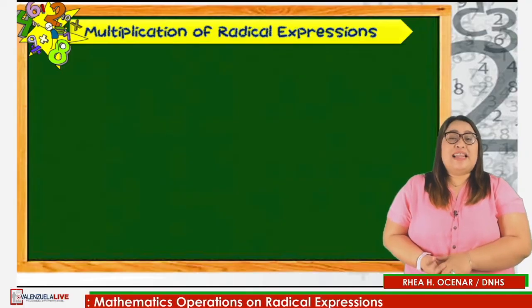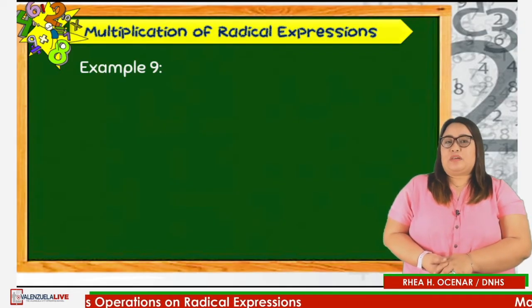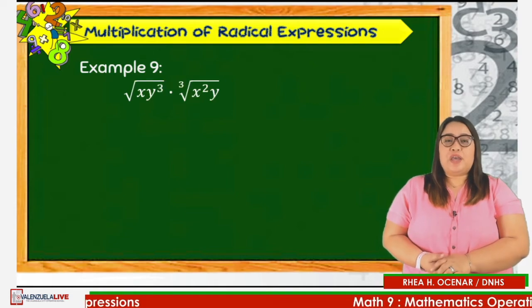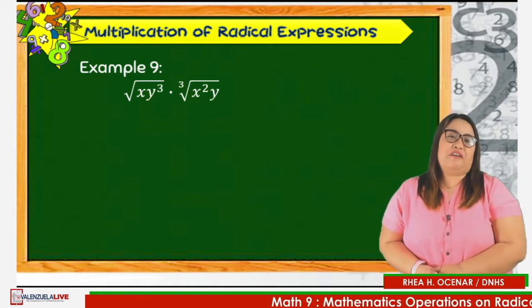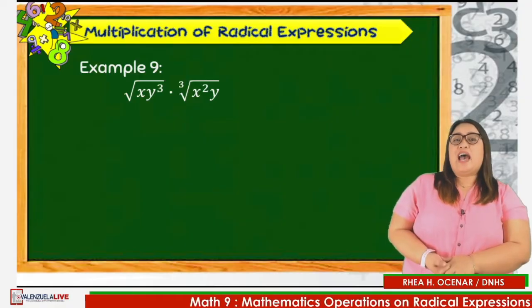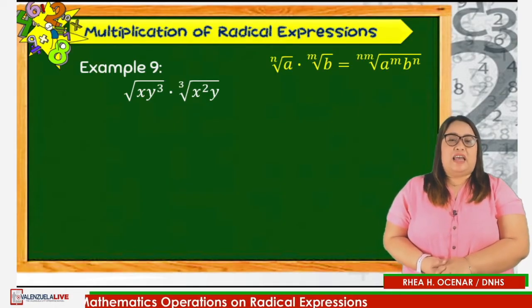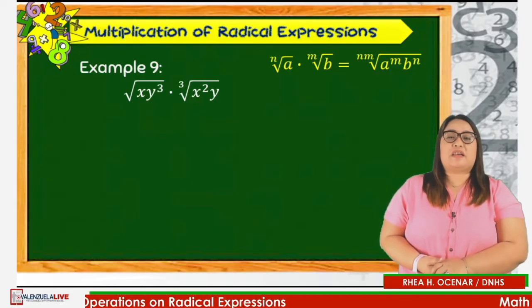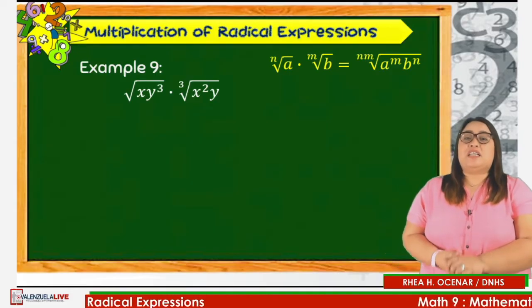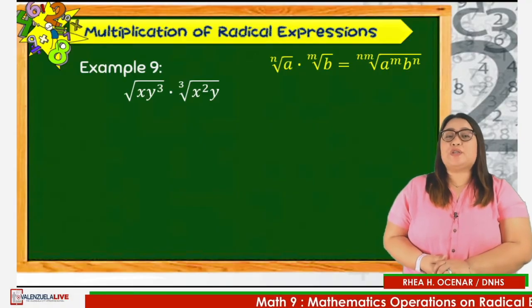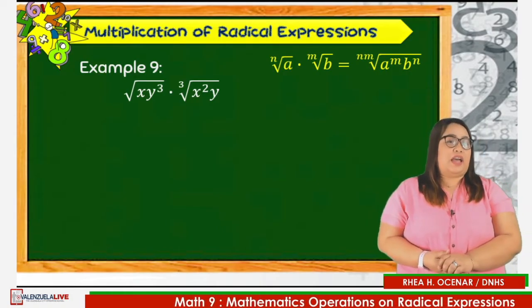For our last example, square root of x y cubed times cube root of x squared y. Again, we will use the property nth root of a times mth root of b is equal to nm root of a raised to m, b raised to n.